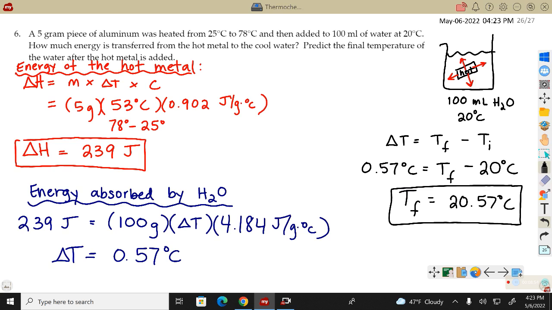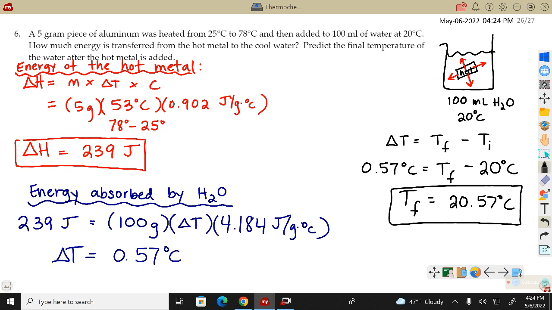Now, I want to look at one thing that's really interesting. We had the same quantity of heat. It was released from the metal and absorbed by the water. That amount of heat caused a 53-degree temperature change for the metal.